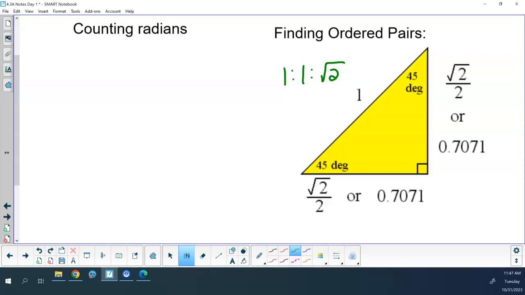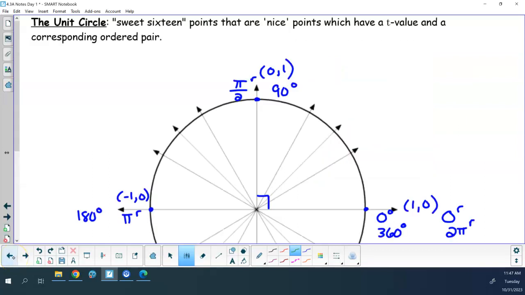So because of that, if our hypotenuse, which in our case now is the radius, so here is our 45 degree triangle. Here is our 45 degree angle. Our radius is 1 because we're on the unit circle, which is why we did the warm-up problem today, which means then that both of these are the square root of 2 over 2.